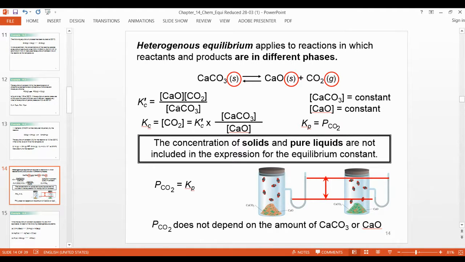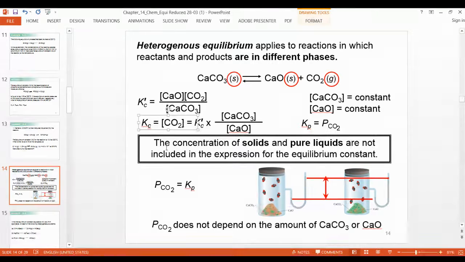Calcium carbonate and calcium oxide are constant because they are solids. So you calculate simply the Kc prime for the solid constants, and that is equal to only carbon dioxide. The other things are unity, that means one.